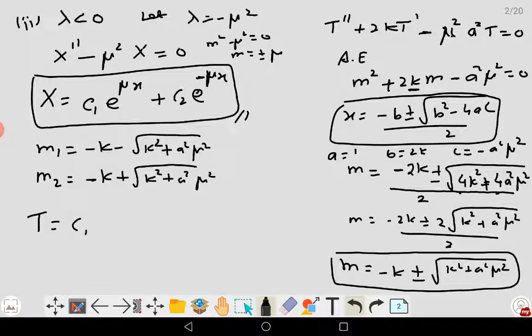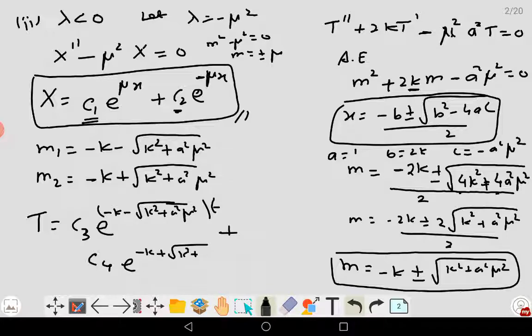So how do you write the solution? T is c1 into e power m1x. This c1, this is c3, already c1 c2 are used. e power m1 times t, minus k minus root of k square plus alpha square mu square times t, plus c4 into e power minus k plus root of k square plus alpha square mu square times t.